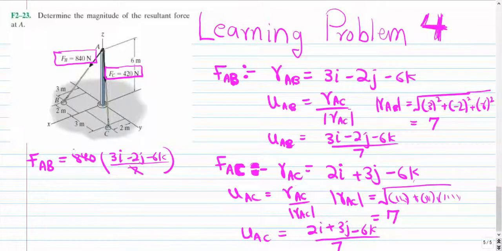We can simplify this. We get 120 here. And so the force vector from A to B turns out to be 360i minus 240j minus 720k.